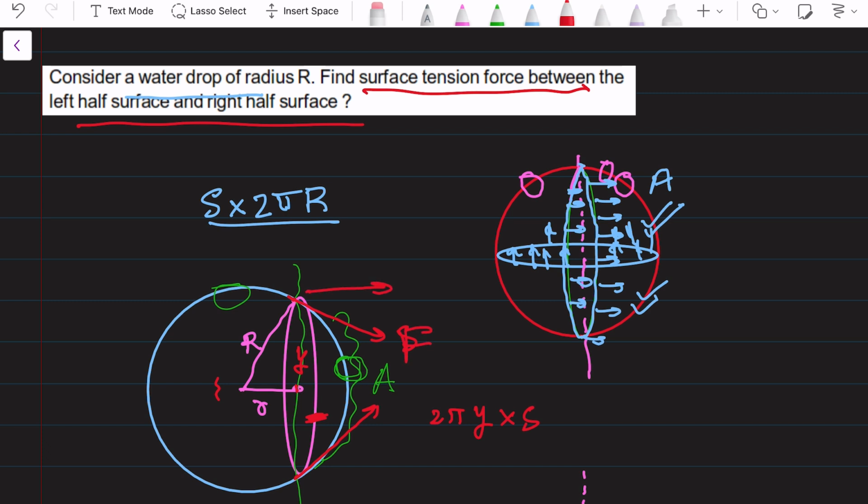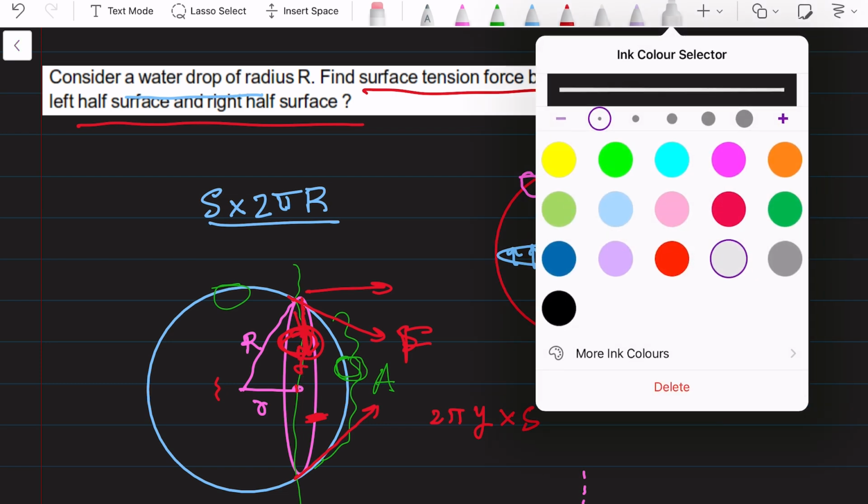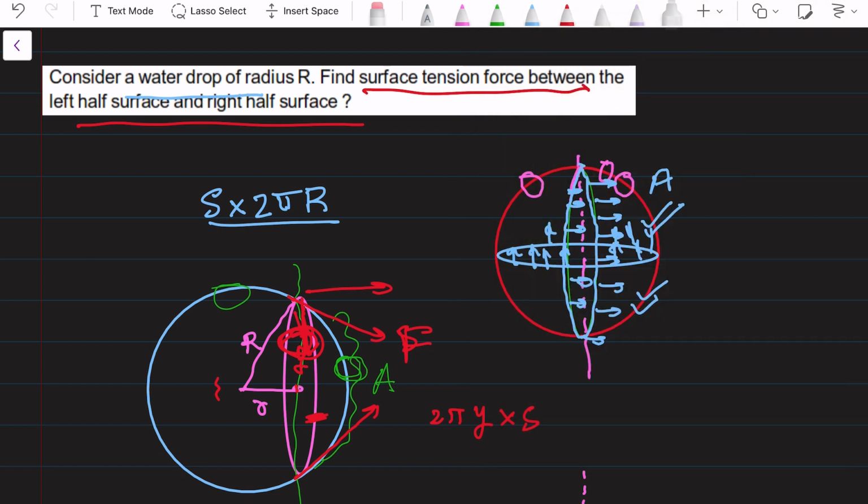Then after that we have to resolve it, and this particular component will be cancelled, and only this component will be left over.